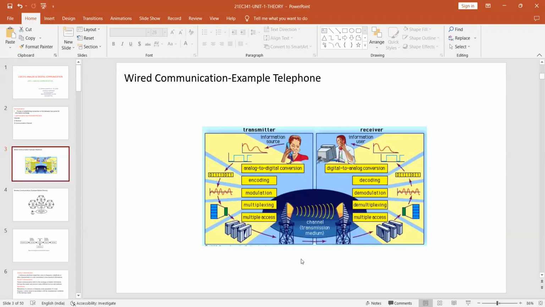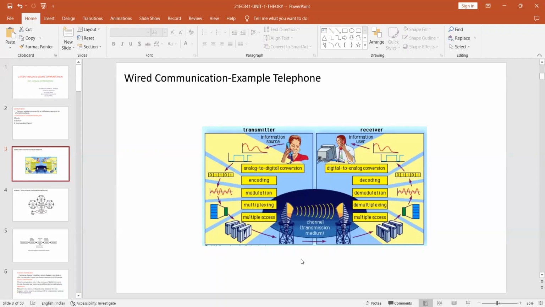In those days, we could call our friends or relatives using the telephone only. The sender and the receiver both use the telephone, and those two are connected by wired communication. The coaxial cables are connected, so the information is transmitted in the wired medium.